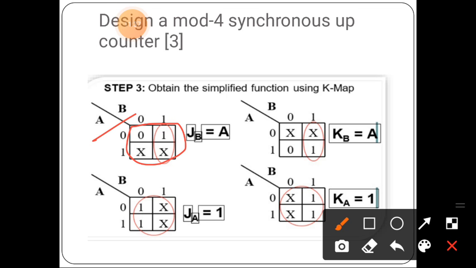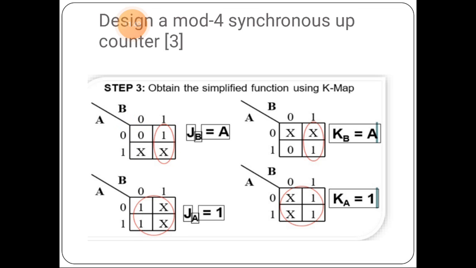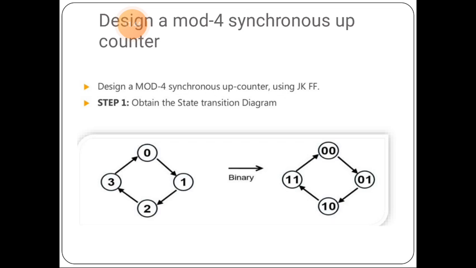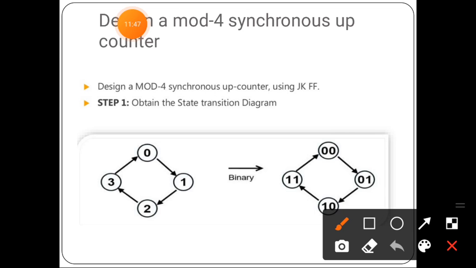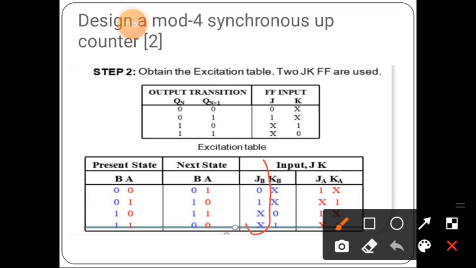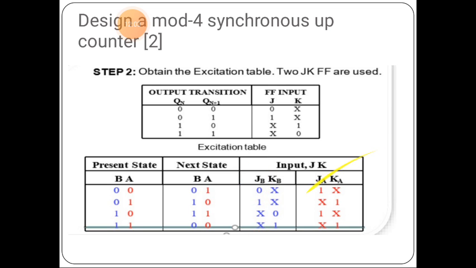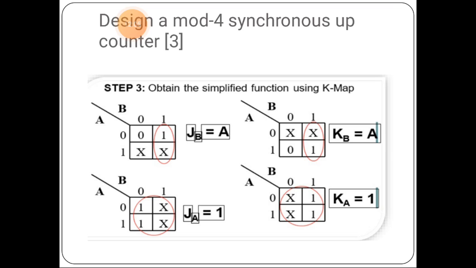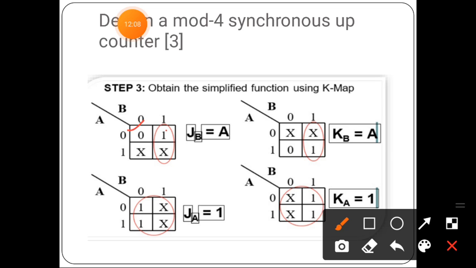For JB, the values are 0 1 x x. So group these cells, 1x.